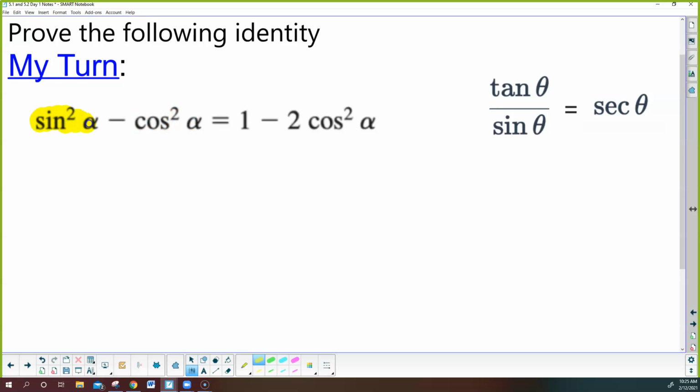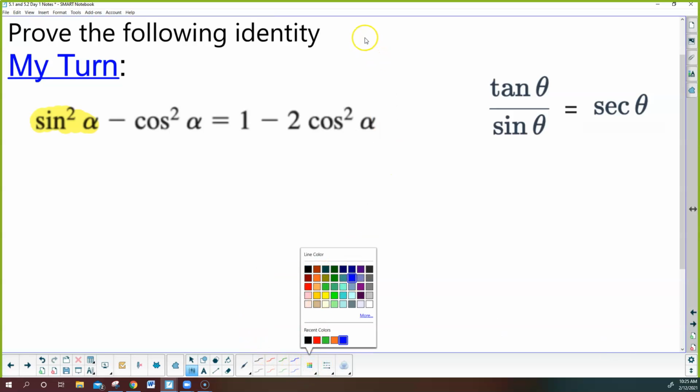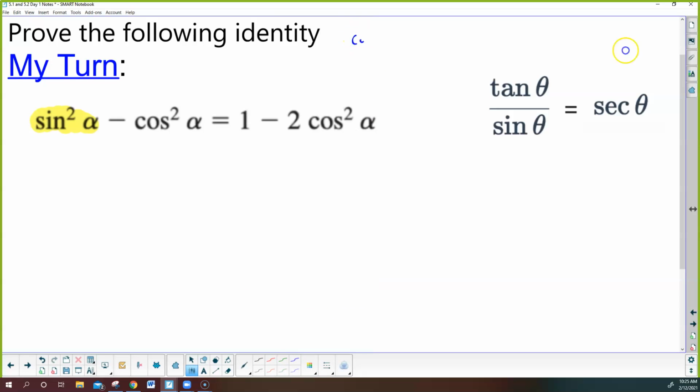So I want to deal with the sine squared. And I know that if I algebraically manipulate, you don't have to write this every time, but you could do it in your head. Okay, what can I get that will replace sine squared?